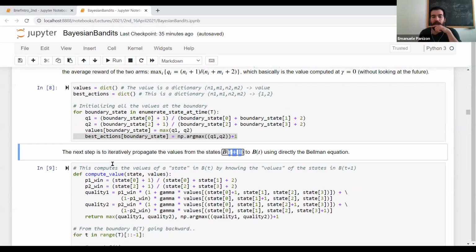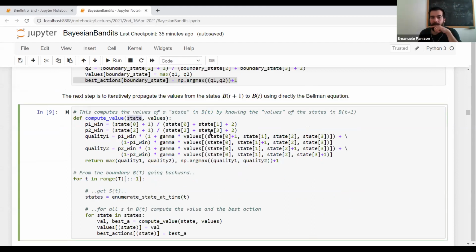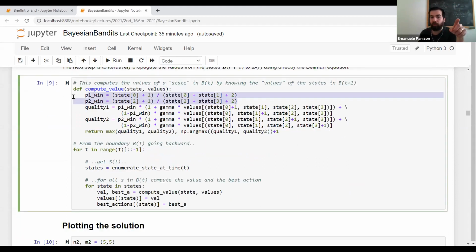Okay. So if you get a state, you can understand what is the value, because you know now for the two independent arms, given the belief of the state, you have the probability of win. Given the belief of the state, you have a probability to win with the other arm, and then again it's the probability to win. Then I have the reward of winning plus gamma multiplied by the value.